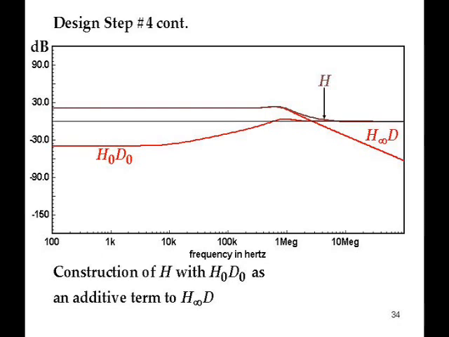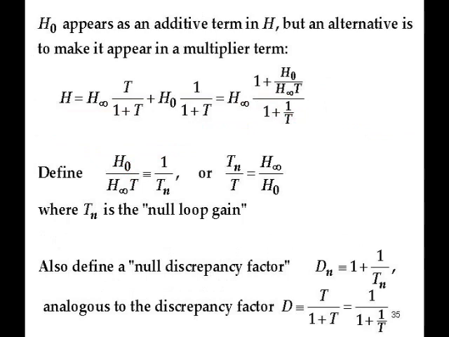Well, that shows the non-ideality of direct forward transmission through the feedback path, represented by H0 as an additive term to the previous result. Sometimes it's more convenient to express it as a multiplier term, and that's very easy to get to. In that top equation there, you see the sum of the two terms, and I just combine them together.